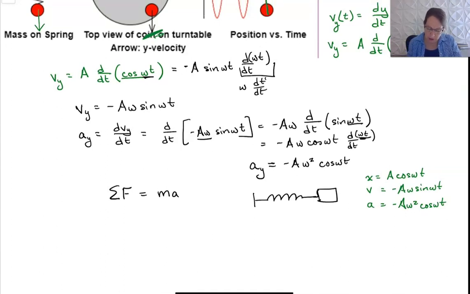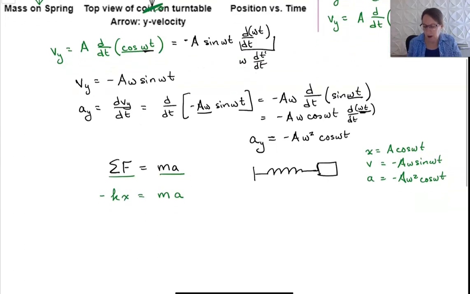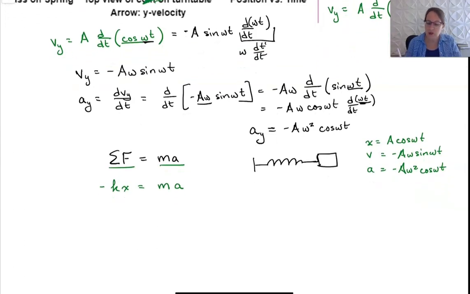If we put it into force equals mass times acceleration, and we only have the spring force acting on it, we get minus kx is equal to ma. And we can check that our expressions for x and a actually make this work.